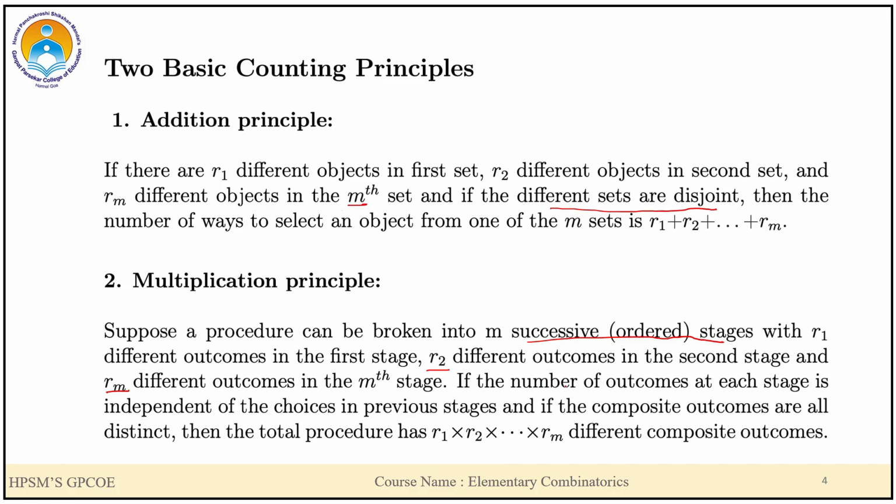And if the number of outcomes at each stage is independent of the choices of previous stages, and if the composite outcomes are all distinct, then the total procedure has R1 into R2 up to Rm different composite outcomes. Now let us look at some examples to understand these two principles more clearly.